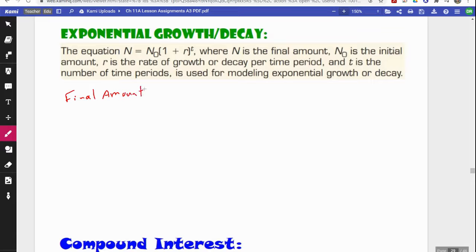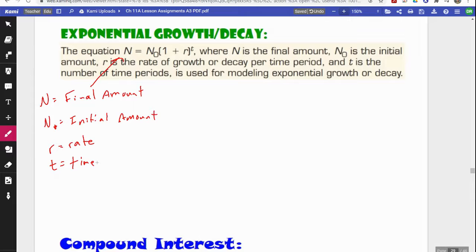I'll write some of this down. N naught, or n sub 0, is our initial amount, your starting amount, just like before, where we had a before. And then 1 is 1, obviously, in parentheses, plus r is our rate. And then t is a unit of time, or number of time periods that happen.